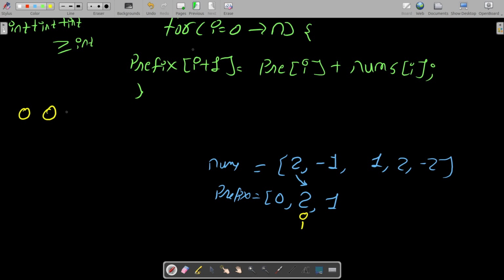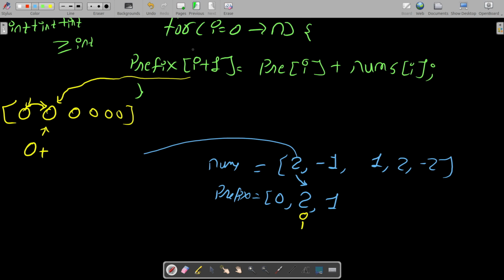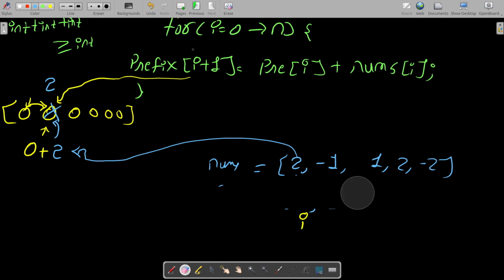Everything was 0 0 0 0 here, then this 0 we needed, so we started from here. So we are adding prefix 0 and this 2, so we are taking this 2 and adding it here. Instead of this 0 we are taking 2. Hope you got this thing.